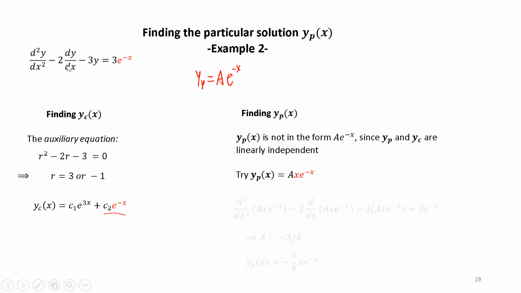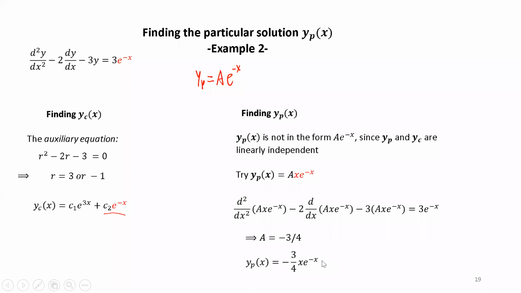And then you just put it again into the left-hand side of the equation. So this is slightly more complicated because you have this x term in front. But anyway, it's just taking derivatives. So taking all the derivatives and equating it with the right-hand side, you will be able to find that a is -3 divided by 4. Then your particular solution is this one.